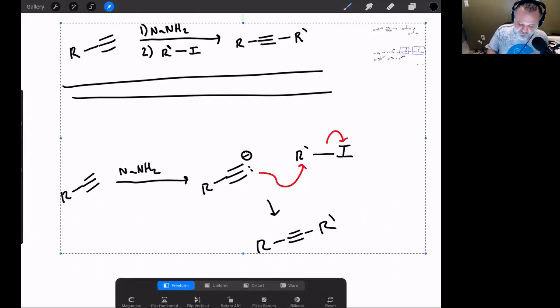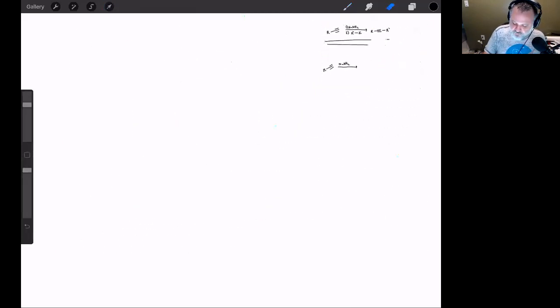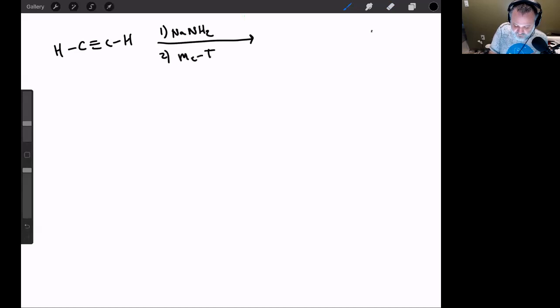We can even combine it more thoroughly if we think about ethyne. Ethyne has a terminal alkyne at both ends. We could do something like this. We could react it with sodium amide, and let's do methyl iodide. The product of that reaction would be to add a methyl group here.